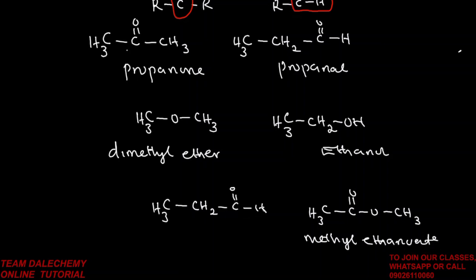Sorry, I wanted to write propanoic acid. So these two are also isomers. Just make sure you count the number of each atom that is there. You would see that they are all the same. So that means they have the same molecular formula but different structural formulas, specifically different functional groups. So that's what we call the functional isomers.